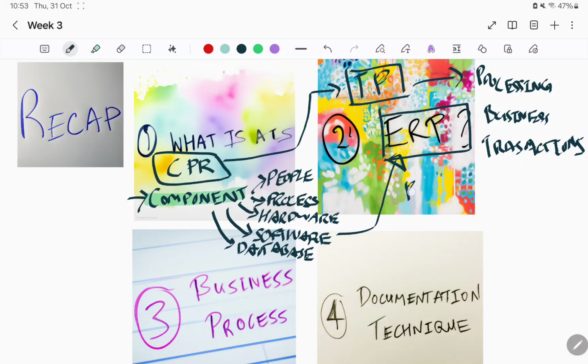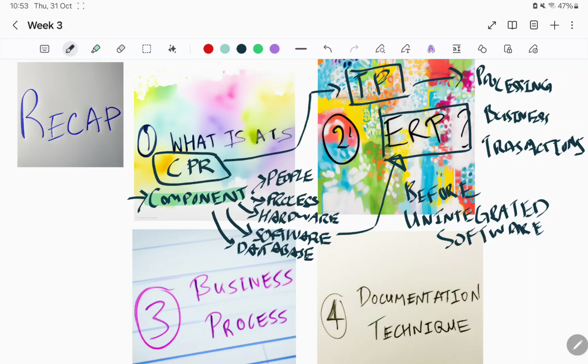Before ERP is what I would say the term is an unintegrated software.